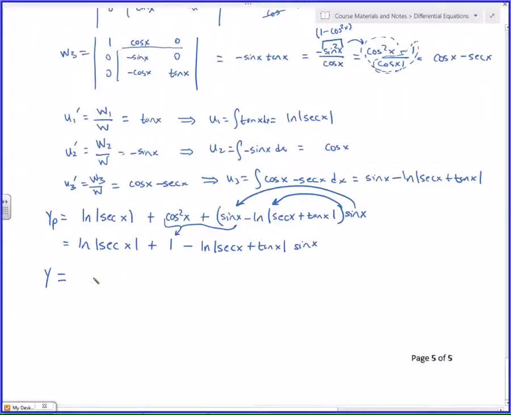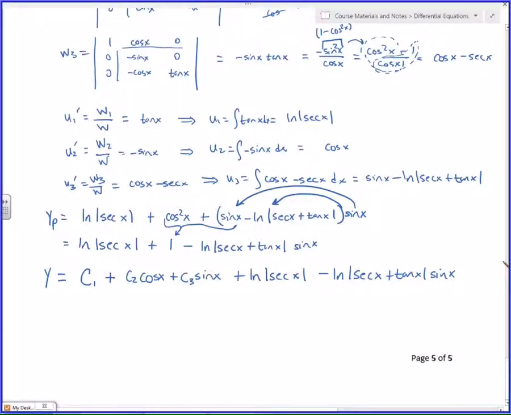So your final y is C1 plus C2 cosine x plus C3 sine x plus the natural log of the secant of x minus log of the secant of x plus tangent of x times sine of x.